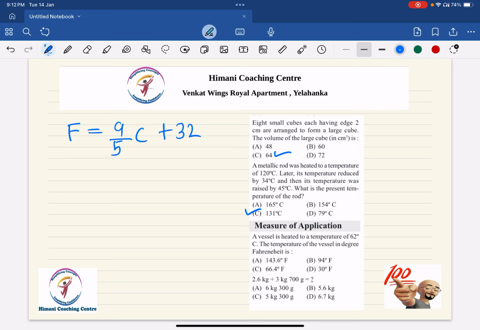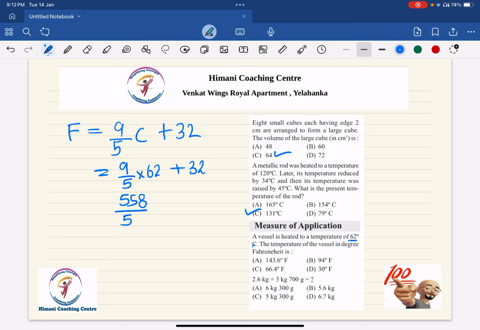So now let us do this. The degree is how much? 62 degrees Celsius. So in Fahrenheit it should be 9 by 5 times 62 plus 32. Okay. Now we can solve this. See, 9 into 2 is 18, 9 6s are 54 and 1, 55, divided by 5.